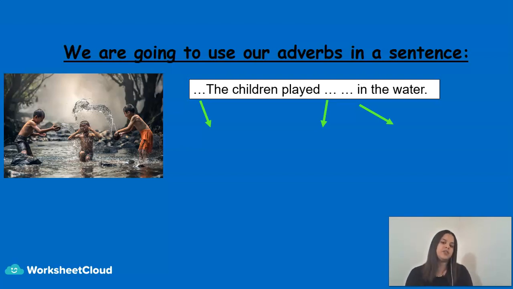Because that is what adverbs and adjectives are used for. They basically give our sentences a little bit more life by telling us where, how, to what extent, to what degree, how often something happens. And we always refer to the action of the sentence, but it can also refer to the adjective of the sentence. So let's look now.